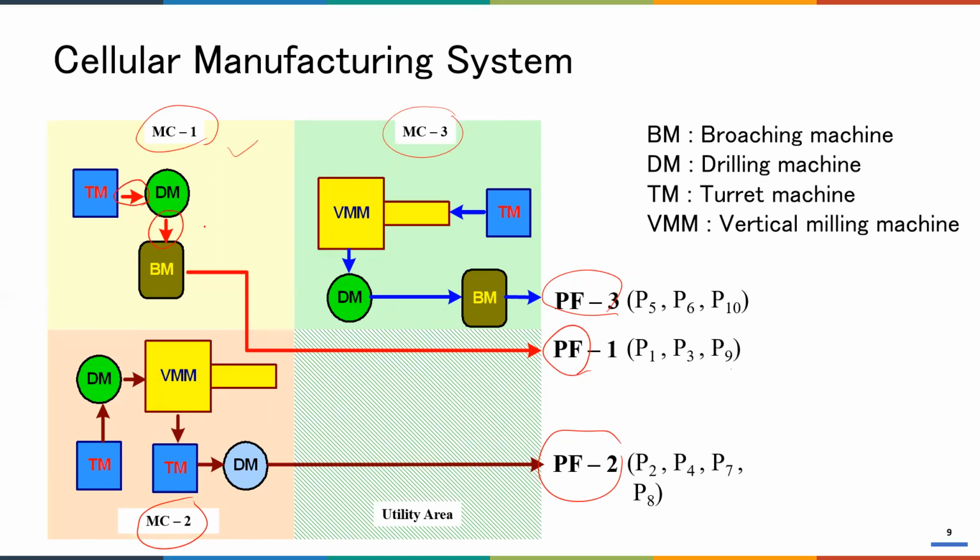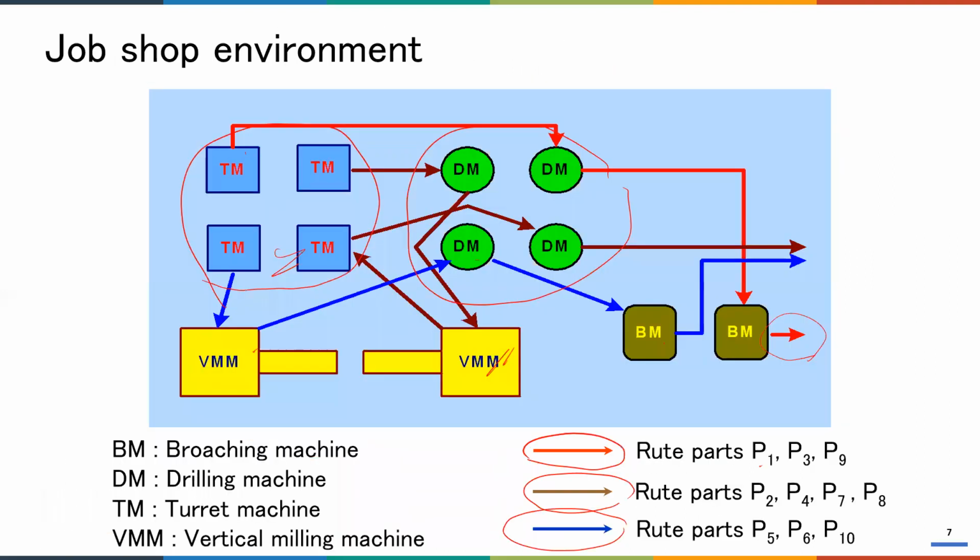Once we do the re-layouting, we will understand how cellular manufacturing can reduce the intracellular movement. Inside each cell, we can reduce the material movement, because you move a shorter distance compared to this. When you group it like this, you will have a long movement from one machine to another.